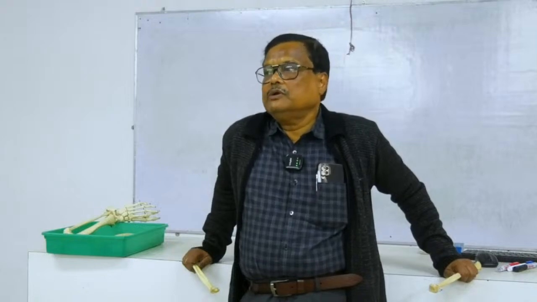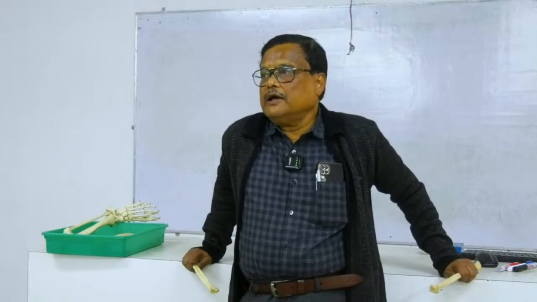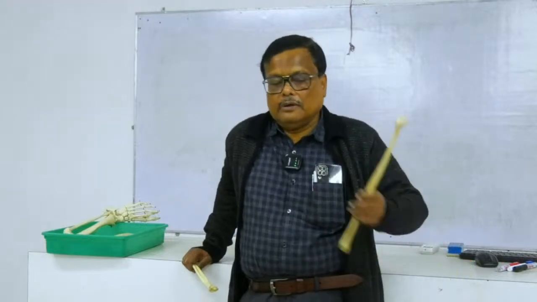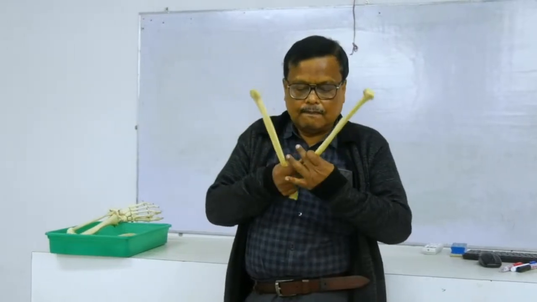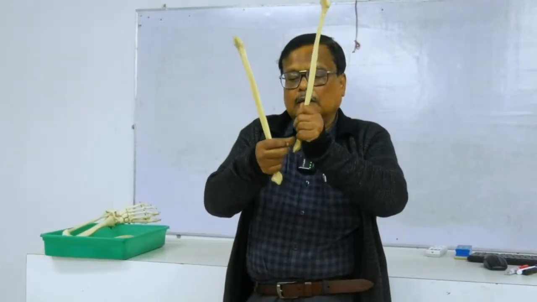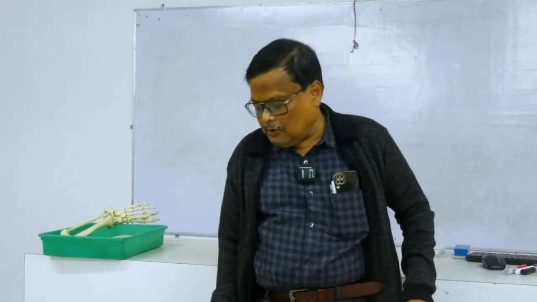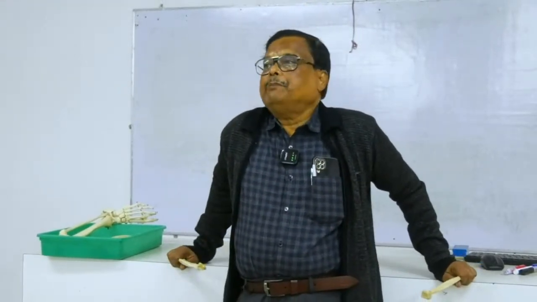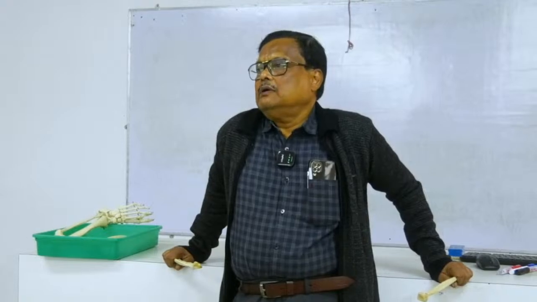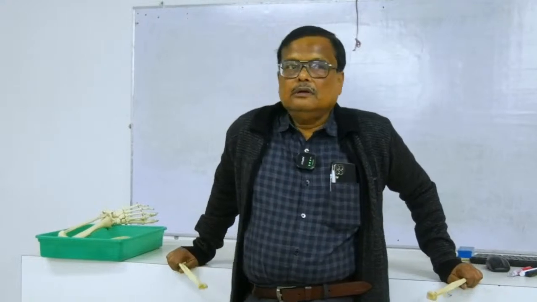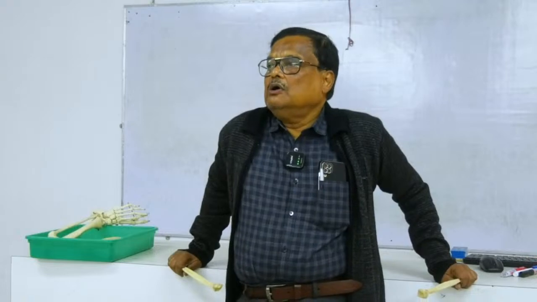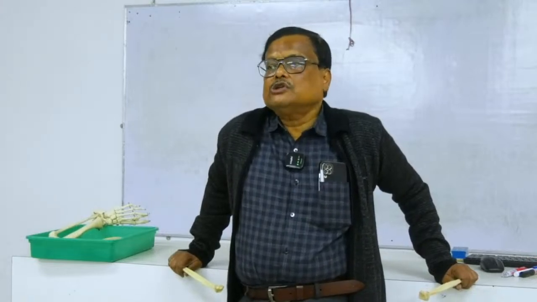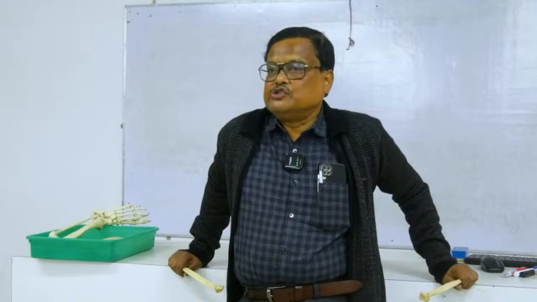Another important function: there are muscles in our leg known as peroneus longus and peroneus brevis. On the lateral side of the leg there are muscles called peroneus longus and peroneus brevis.